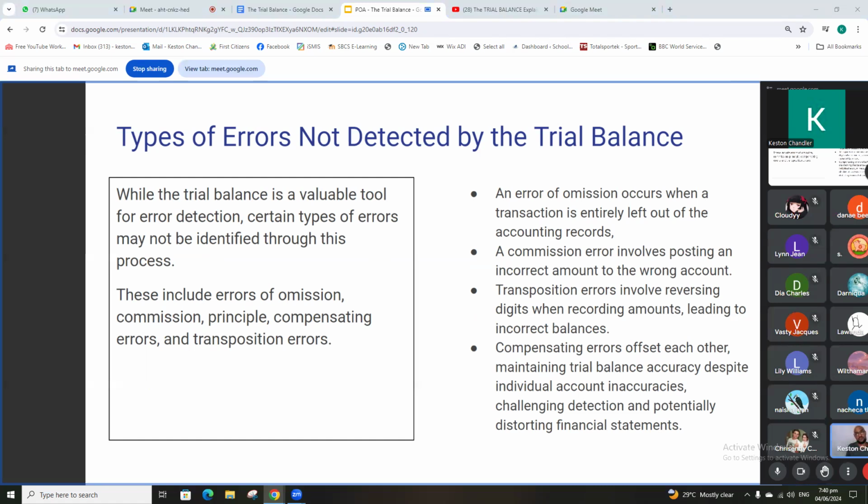What's a good example of a compensating error? Let's say, for example, you stated more for purchases, right? So you purchased more than you needed, and then at the same time, let's just say it was a cash purchase or something, and you wrote the incorrect amount.